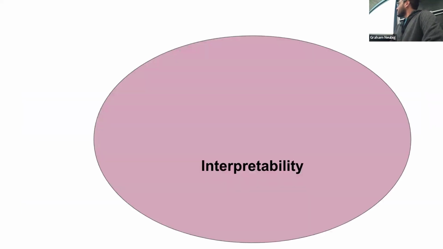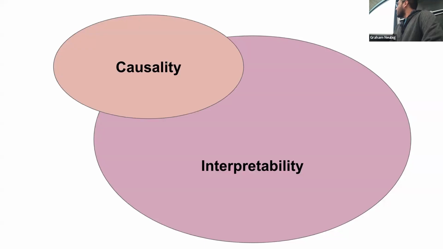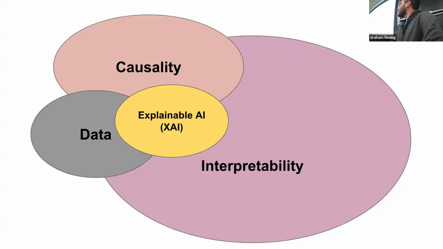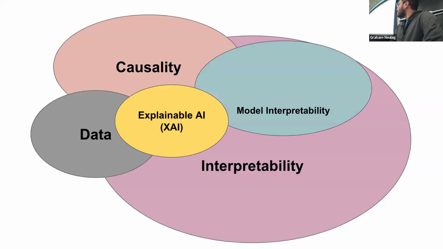So interpretability is this big blob, but there's a bunch of other spheres that intersect with it. This is a super incomplete list, so bear with me, but causality and data integrate with this. Explainable AI is another thing that you've probably heard. This sits firmly in the interpretability blob and connects with ideas in causality and data too.